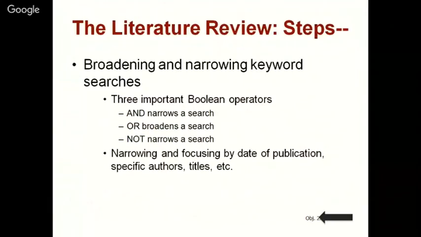Now here, when we are talking about broadening and narrowing keyword searches, three important Boolean operations can be used. When you use AND, that means you are narrowing down the research. Two words should appear in the statement, then it narrows down. When you say OR, for example organization or industry, I'm broadening my database.